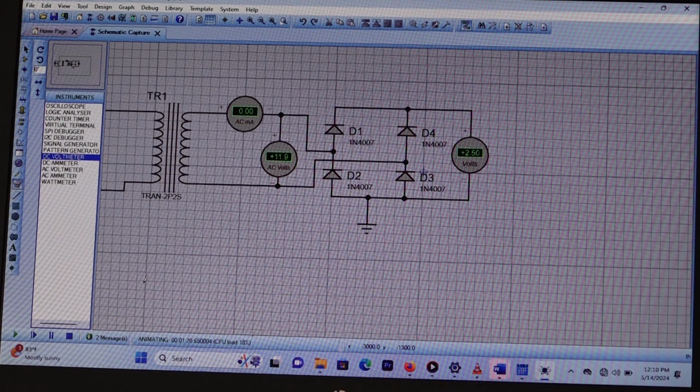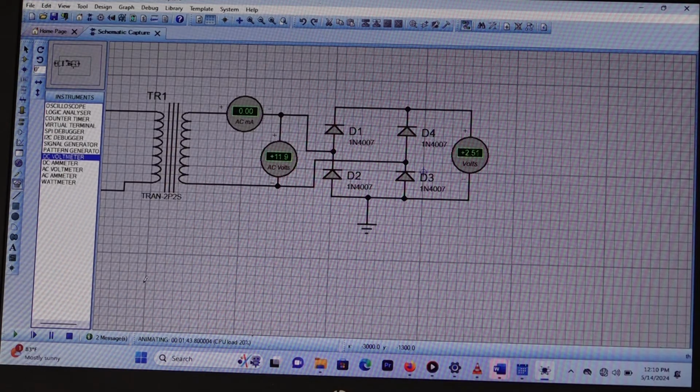So the input voltage of the rectifier, we have to define as the maximum output voltage of the step-down transformer. So how can we get the maximum output voltage of the step-down transformer? It's simple. Just take 12 volts multiplied by the square root of 2.